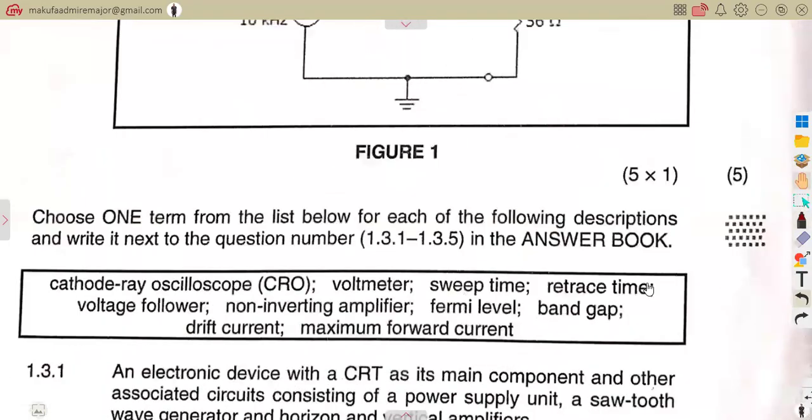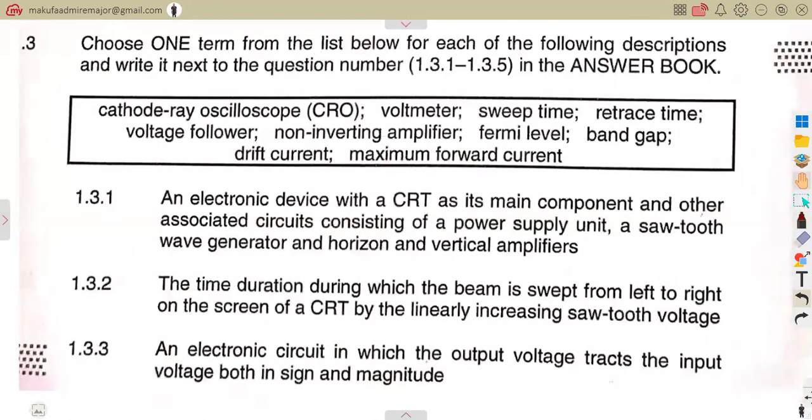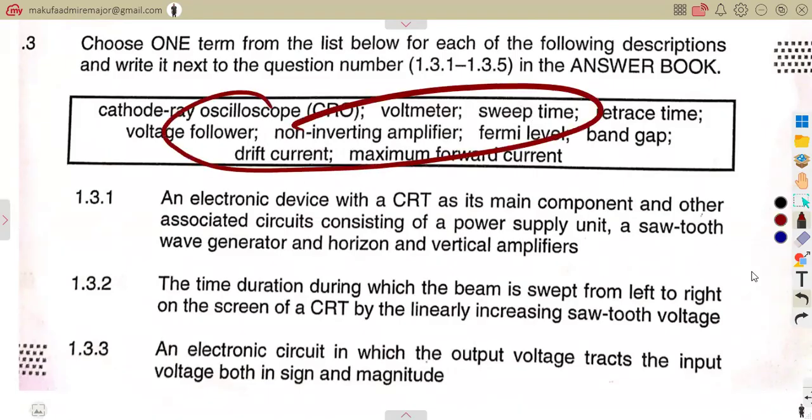Okay, then choose one term from the list for each of the following descriptions and write it next to the number. So we're going to choose from these answers.